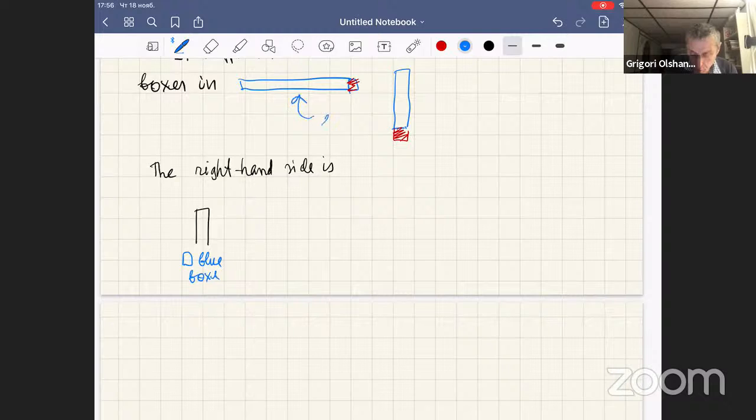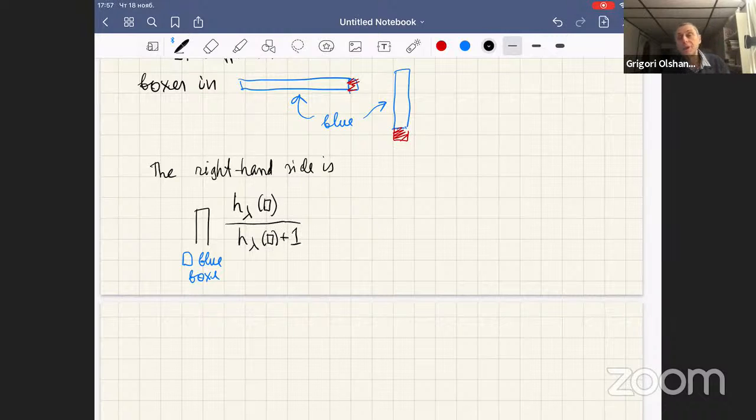These are blue boxes. And what do we have to take? We take simply this hook length, okay, and divide it by this quantity.